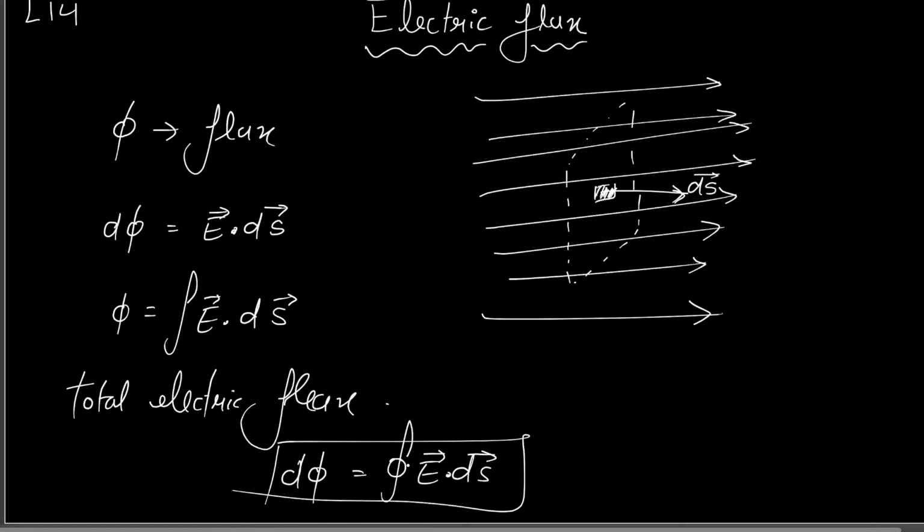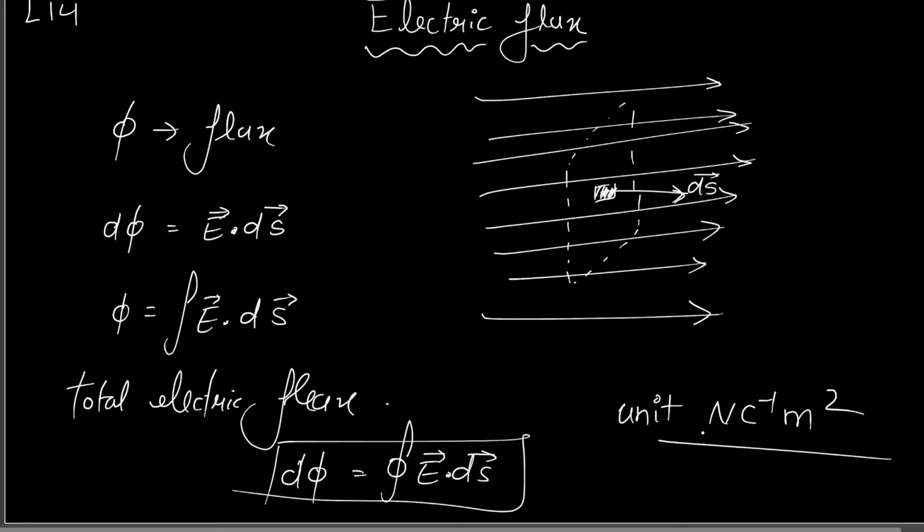This integration circle represents the closed surface. You can also find the unit: the electric field unit is Newton per unit charge, and the surface area is meter square, so the unit for flux becomes this.